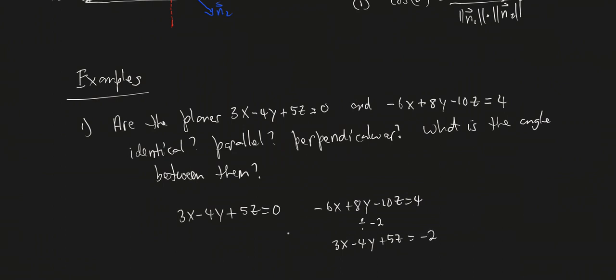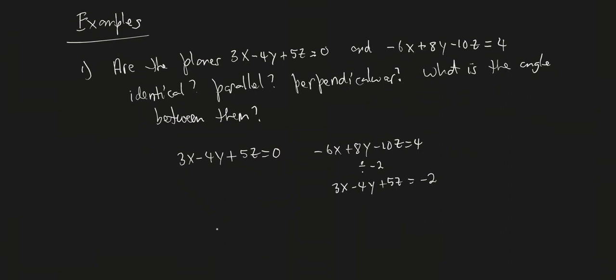Now we can see that these two planes are not identical. Why are they not? On the left-hand side of both equations, the expression is the same, but they're not equal to the same constant.